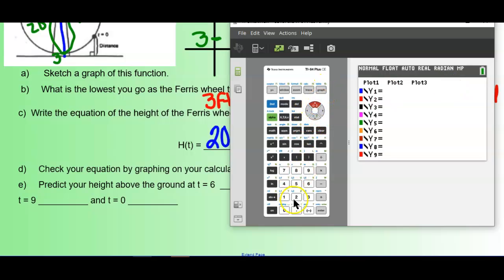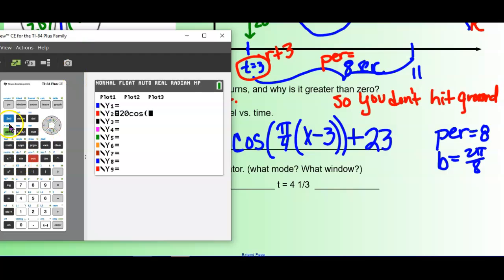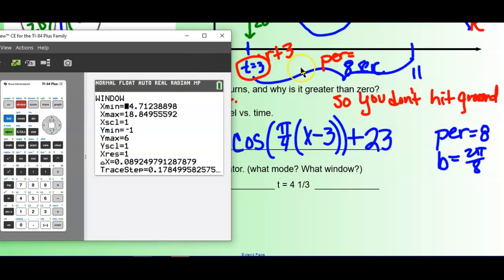All right, then we're going to type what we just wrote: 20 cosine of pi over 4, open parenthesis, x minus 3. Let's get our phase shift in, 2 close parentheses and a plus 23. And we need a window that matches our story.